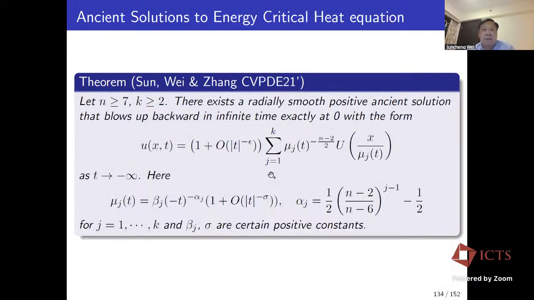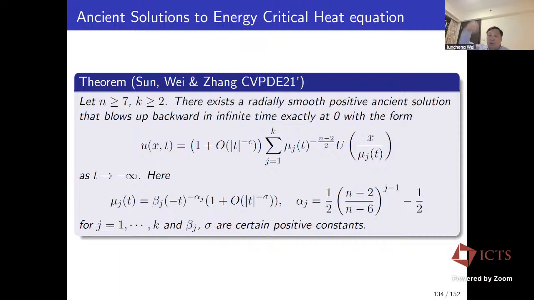solutions. So what we prove with Sun and Zhang, we prove that when n greater than 7, again when n greater than 7, we can find the radially symmetric positive ancient solution. So now the ancient solutions are not sign changing.